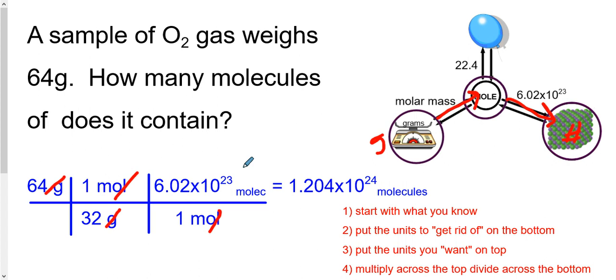So 1 mole is 6.02 times 10 to the 23rd. Again, multiply your numbers that are on the top of the line, divide if your numbers are found on the bottom. 64 divided by 32 times Avogadro's number gives me 1.204 times 10 to the 24th molecules. 64 grams of oxygen would have a lot of molecules present.